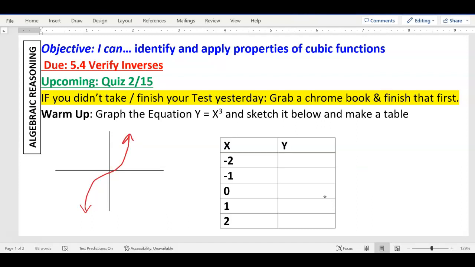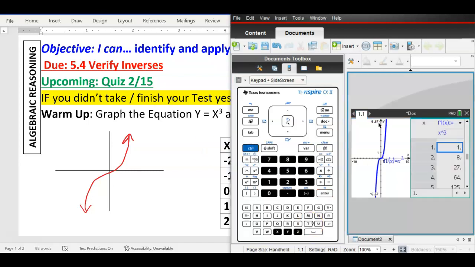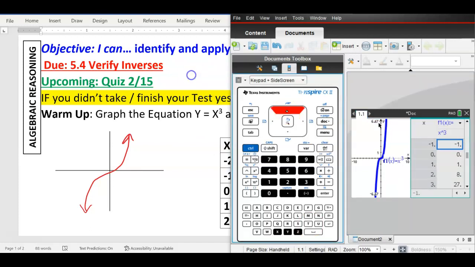Something like that. And how do I get a table from here? What do I press? Control T. Yes. Now, the table I gave you starts at -2, so let's go up to -2.